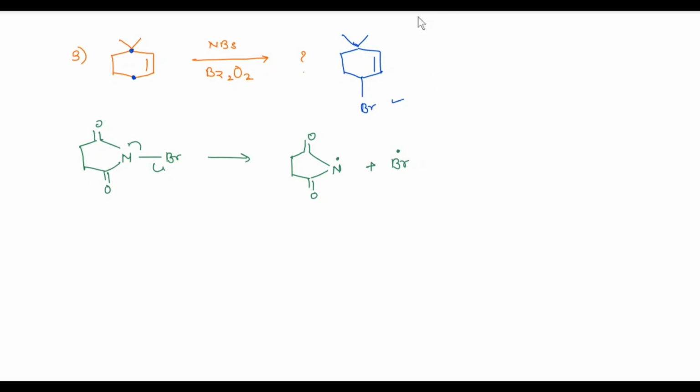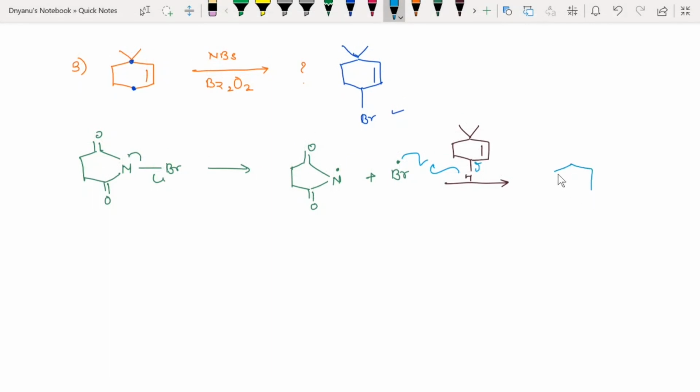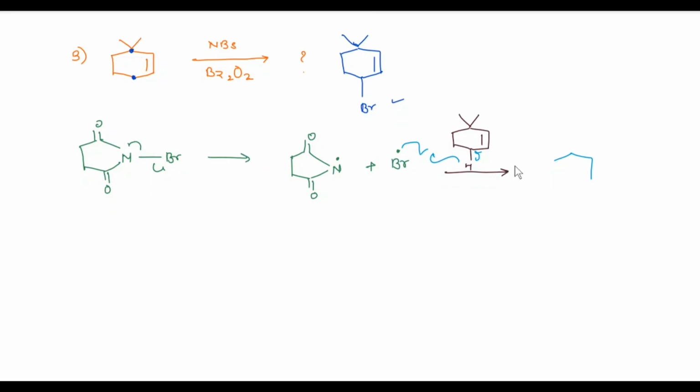This Br radical abstracts a hydrogen radical from this given moiety and we get a new allylic radical, plus HBr.